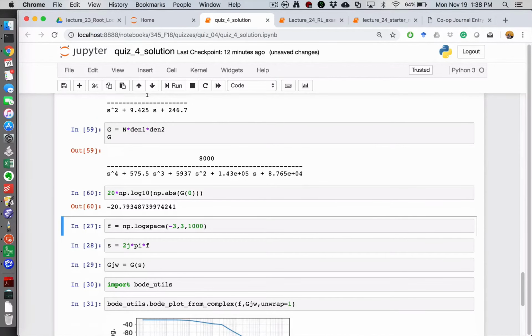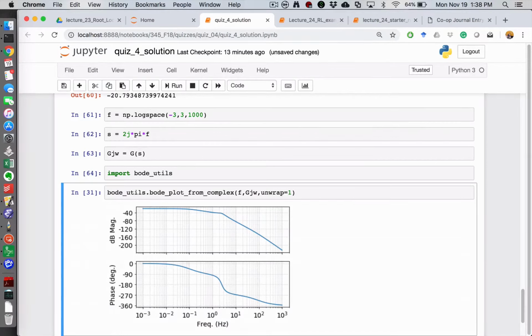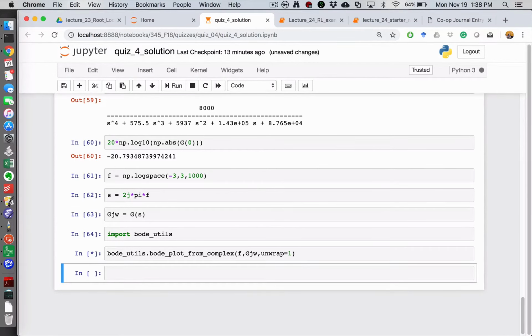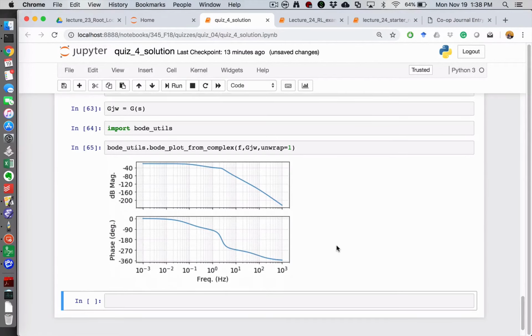And if I create a frequency vector and an s vector and find G of j omega and then use my Bode utils module, which if you're curious is on my GitHub repository, I can find that for you if you comment and want it. Most of my students have it by now. And so that is pretty close to what we had drawn. And yeah, that's how you sketch a Bode plot.